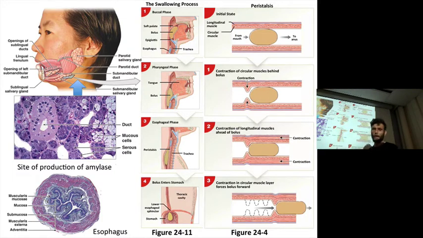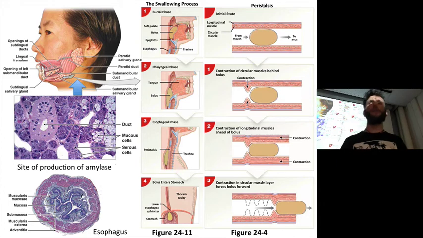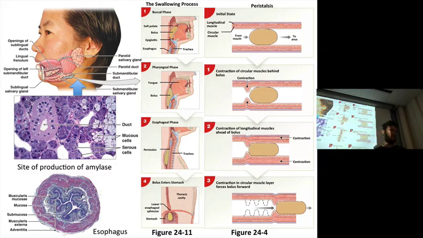So, peristalsis is the process by which food is moved through the GI tract. Our GI tract is essentially a long muscular tube. And we chew food up, it becomes a bolus, and we're going to amend that bolus at different points.